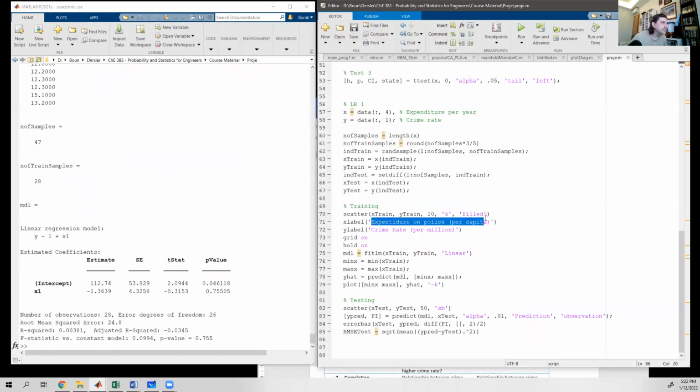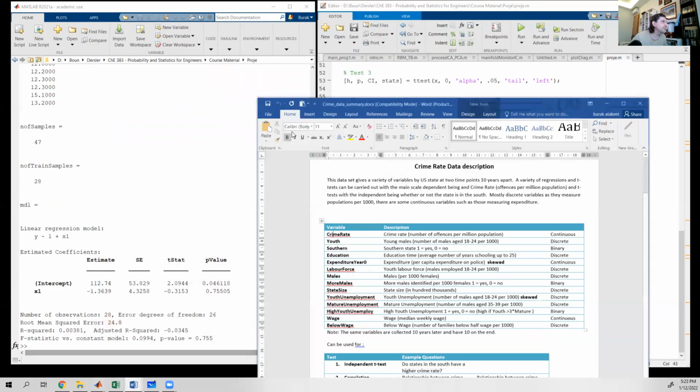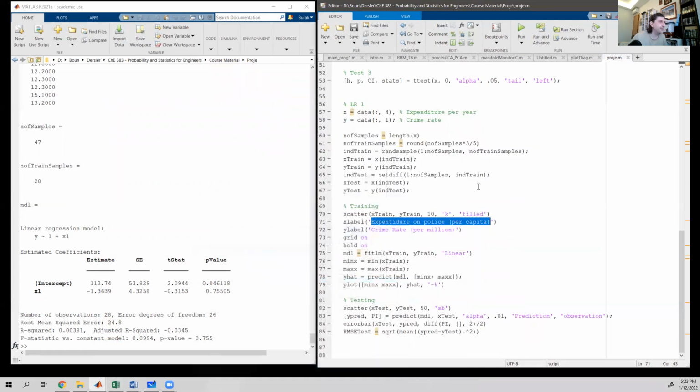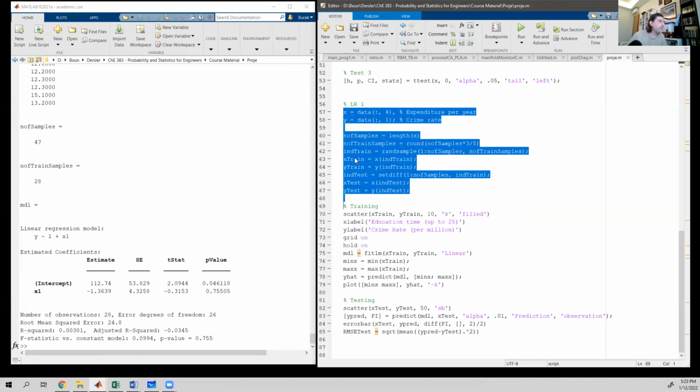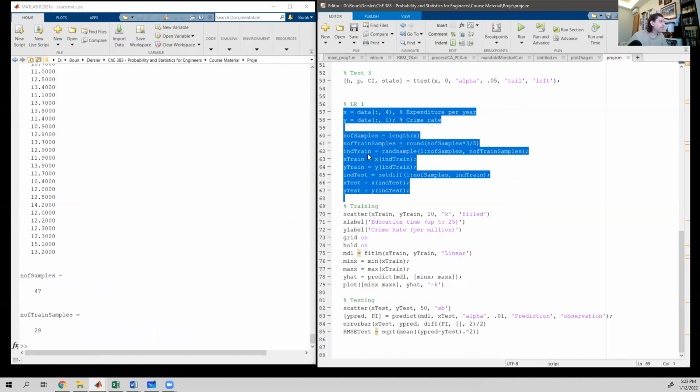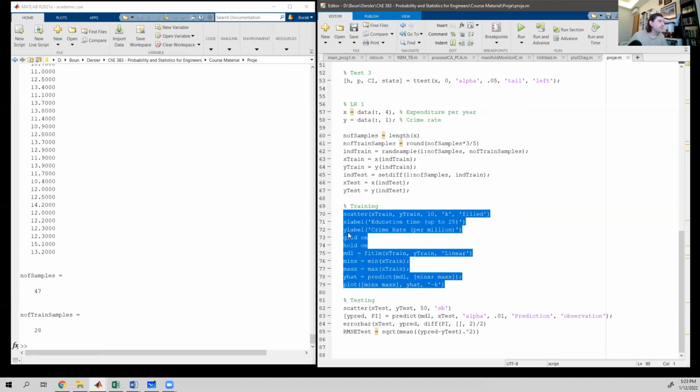This is not expenditure on policy anymore. This is education. And what does education here mean? Let's see what education is. Education time up to 25. All right. Education time up to 25. So how many years of education? All right.